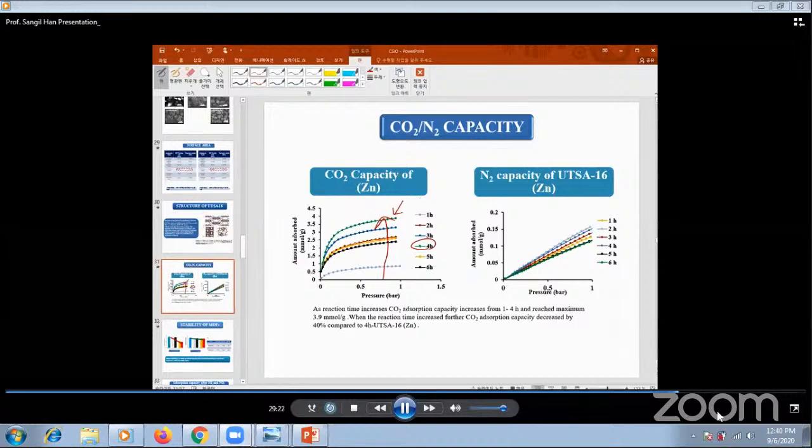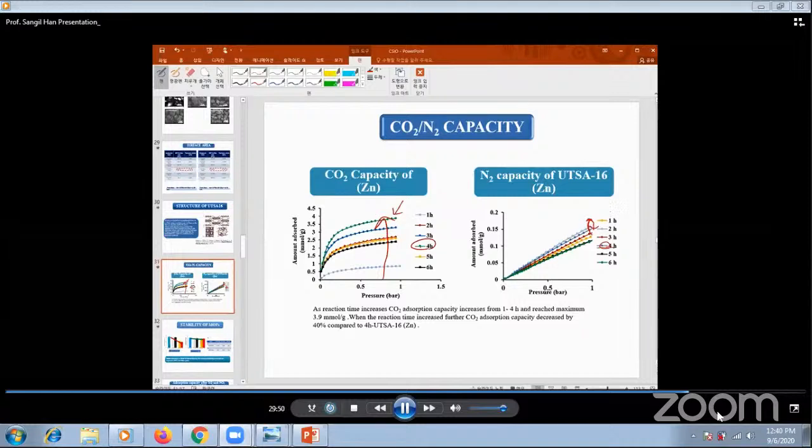And the good thing is, as the reaction time increased, nitrogen adsorption increased, but it did not increase continuously; at 4 hours, it decreased again.